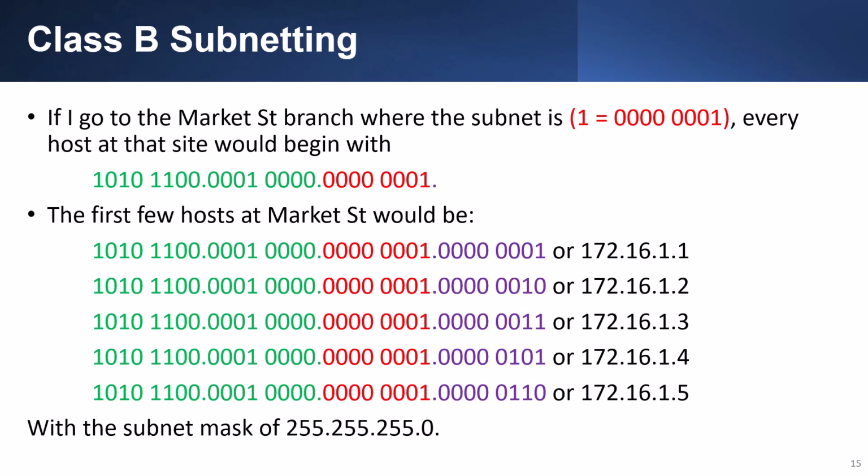If I go to the Market Street branch where the subnet is 1, every host at that site will begin with what is shown on the screen, with red indicating the subnet number. The first few hosts at Market Street are also shown on the screen. All of these would have the subnet mask of 255.255.255.0.